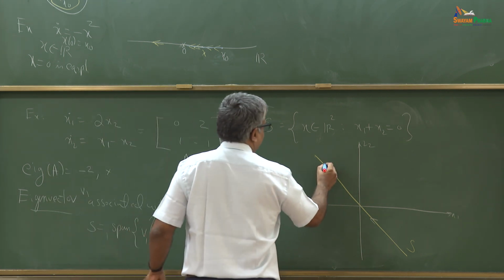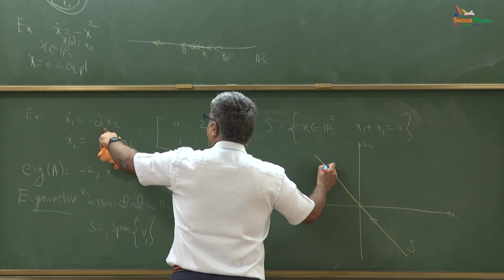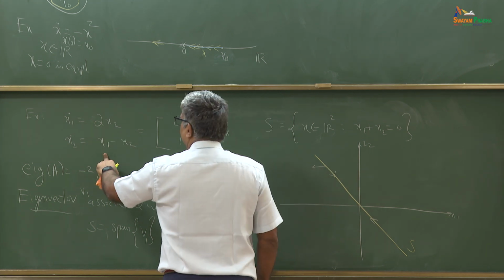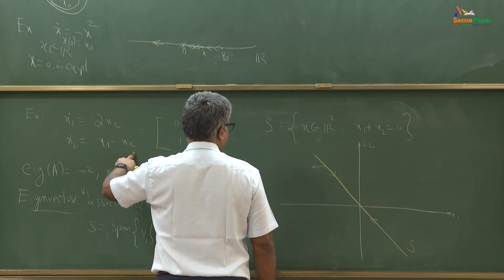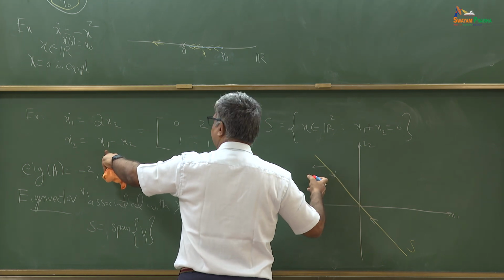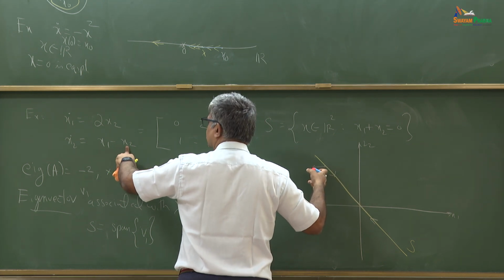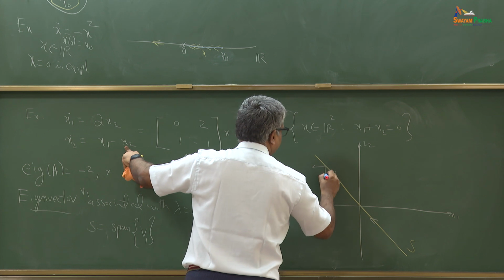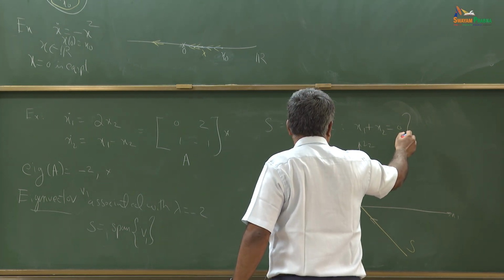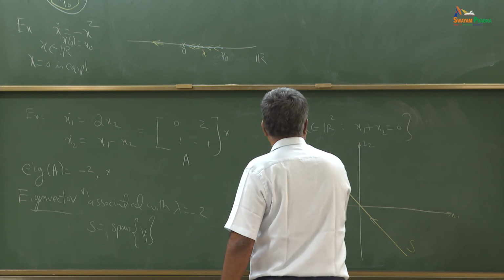For example, you take any point here, x is negative, so 2x will be negative, and x1 minus x2 for the other component. So if x1 is negative and x2 is negative, positive, so this whole thing will be negative.